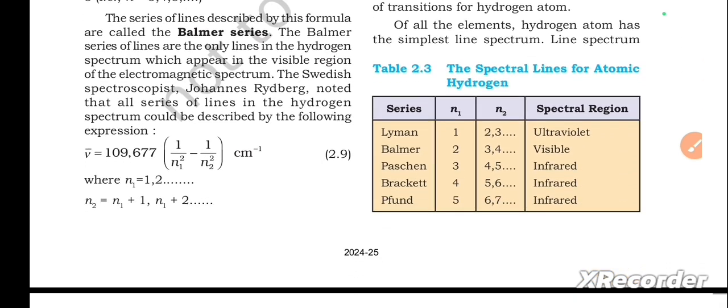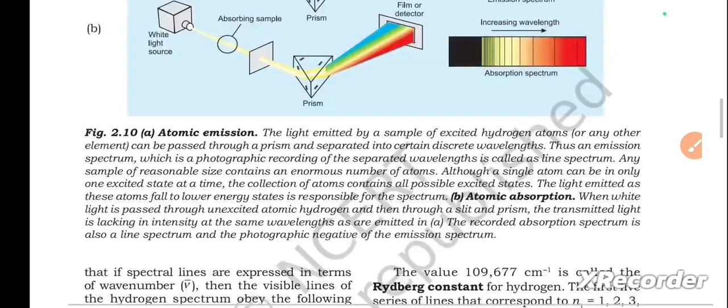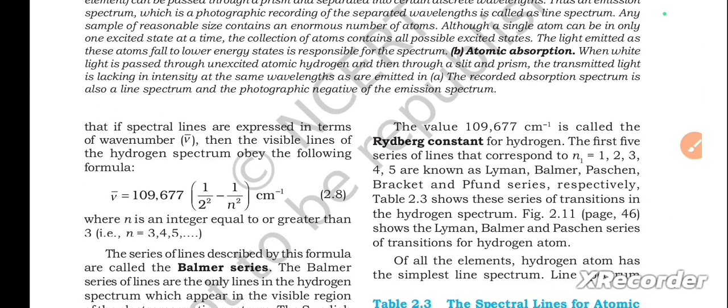Wave number equals 109677 (1/n1² − 1/n2²) per centimeter, where n1 equals 1, 2, etc., and n2 equals n1 plus 1, n1 plus 2, etc. It goes on. The value 109677 per centimeter is called the Rydberg constant for hydrogen.